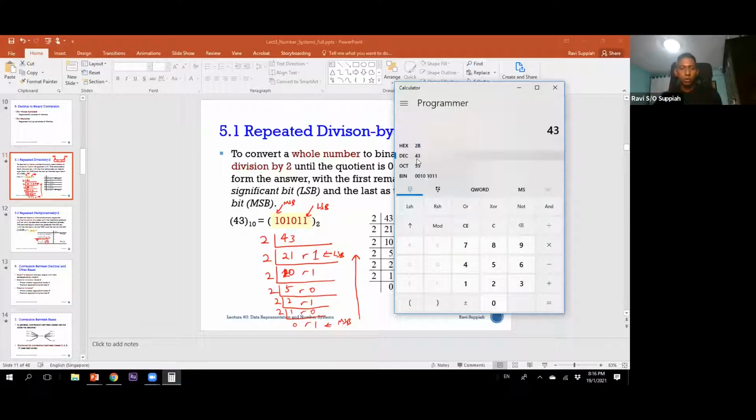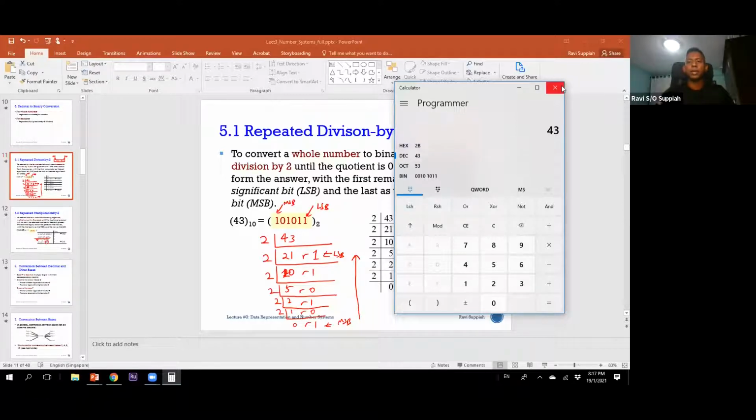So you can use your calculator. If you have handheld calculators, all scientific calculators will definitely have some built-in conversion functions already there. So you just need to figure out how to use these functions in your own calculator. If not, you just use the laptop.